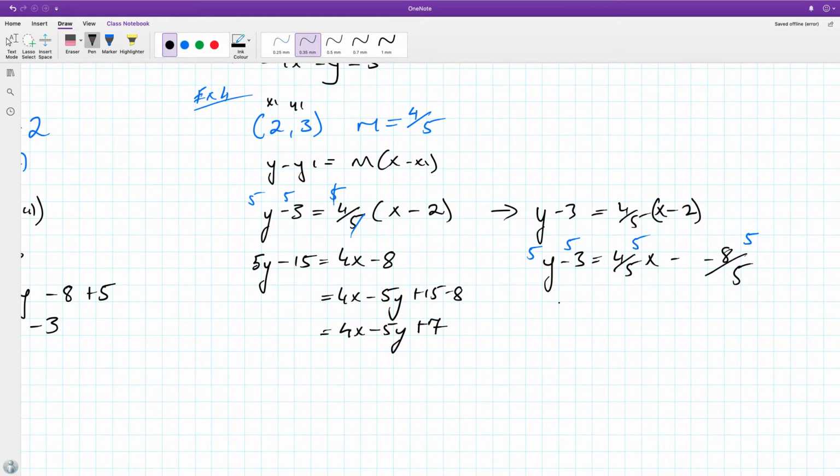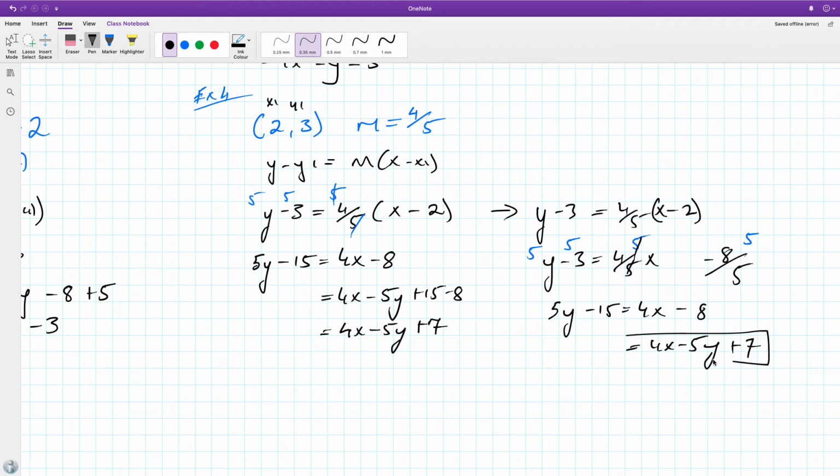And you'll end up with 5y minus 15. They cancel. 4x minus 8 is equal to 4x minus 5y. Bring over your minus 15 plus 15. That should be minus, by the way. And that should be minus. And you end up with plus 7 again.